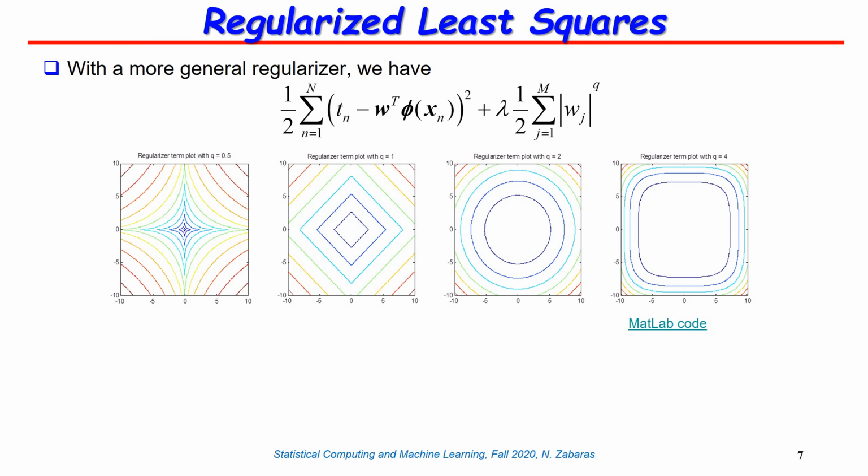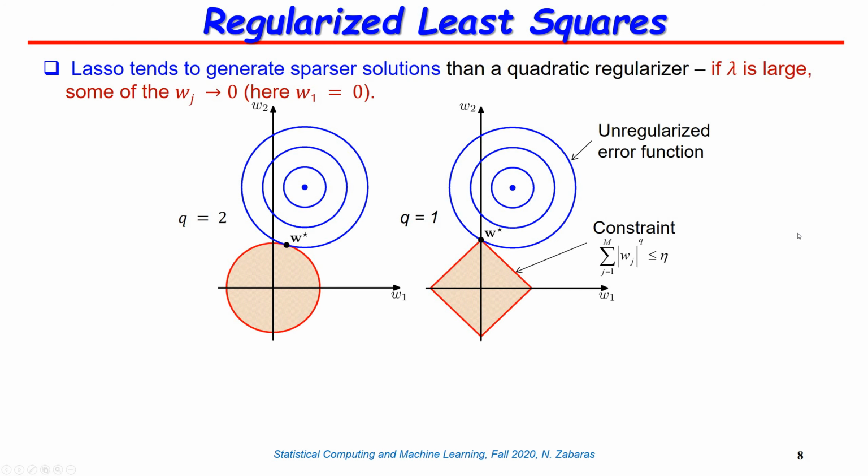By the way, it's called Lasso because this L1 type of component within the loss function is a famous algorithm that goes with the name Lasso, that you will learn in the advanced machine learning course when you discuss sparsity and models that lead to sparsity. So let me discuss a little bit the difference of this q equals 1 Lasso regularizer versus the quadratic regularizer that we have seen in Ridge regression.